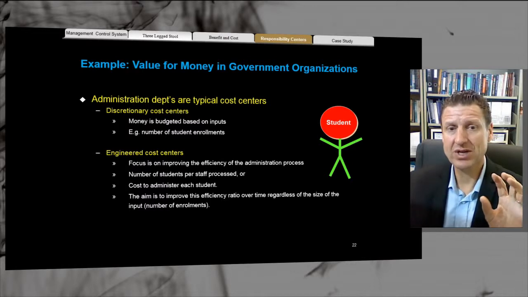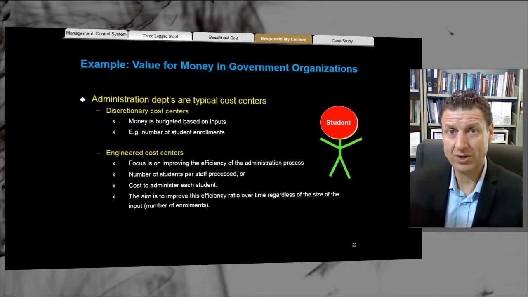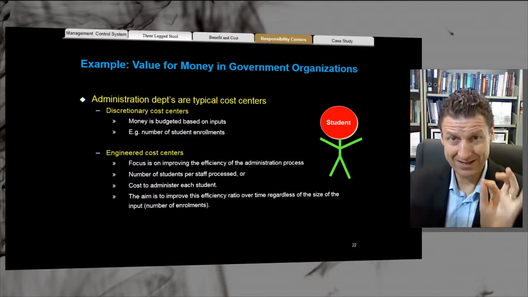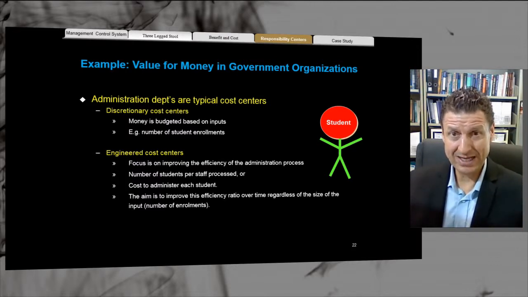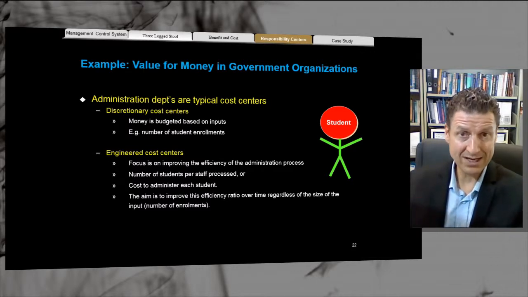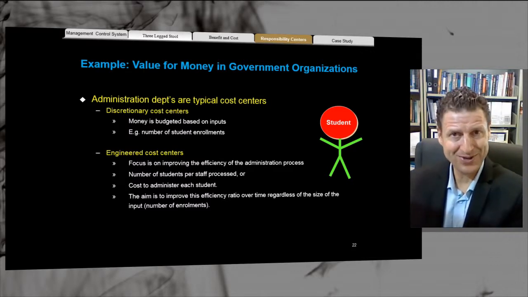So discretionary, we're just focusing on inputs. Here's your money. We're not going to look at your input to output conversion or your productivity. Whereas engineered, we're focusing on the efficiency, and we're using that to justify the budgets that are given or taken away from period to period.